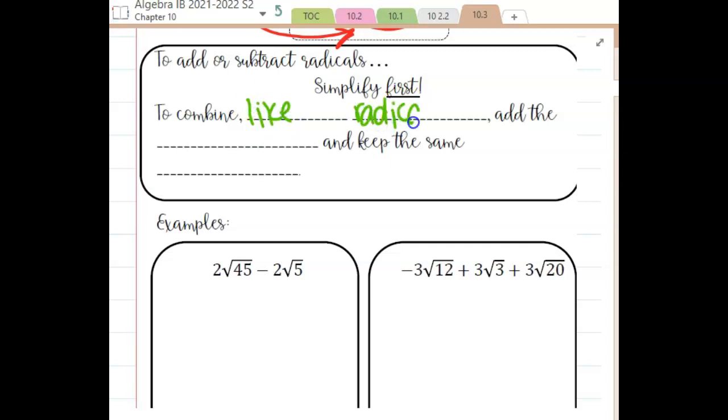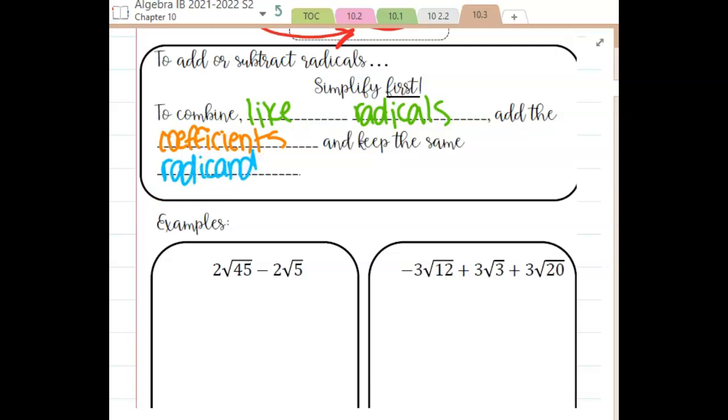So to combine like radicals, just like combining like terms, you are going to add the coefficients. The coefficient, remember, is the number in front of the variable, or in this case, the number in front of the radical, and you are going to keep the same radicand.